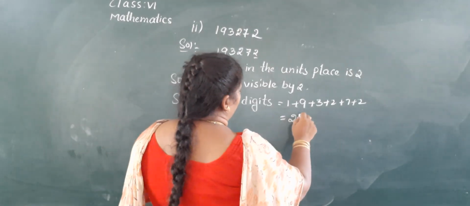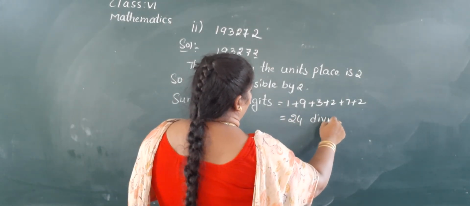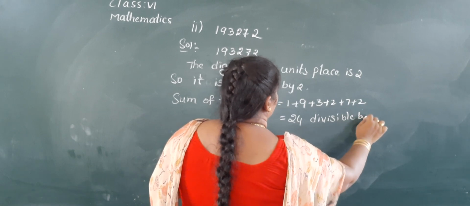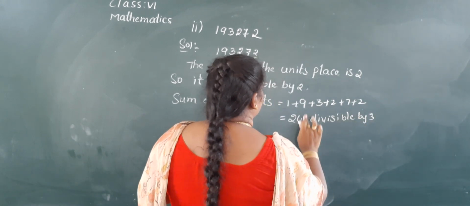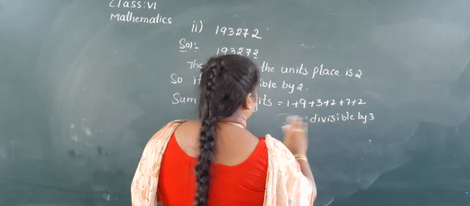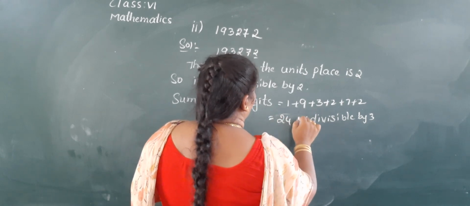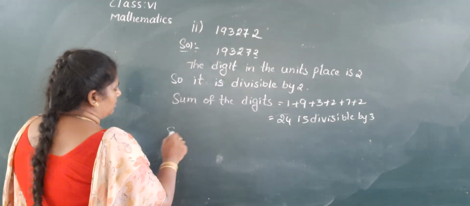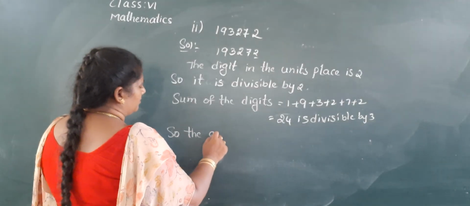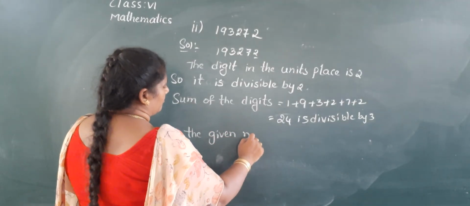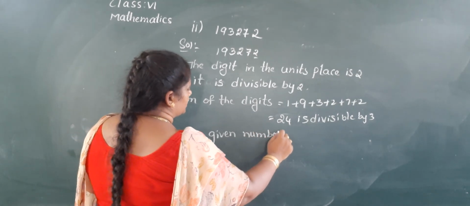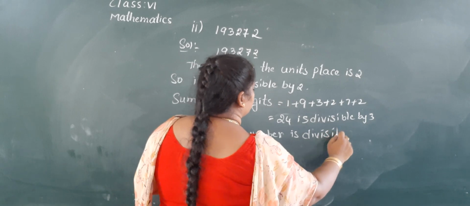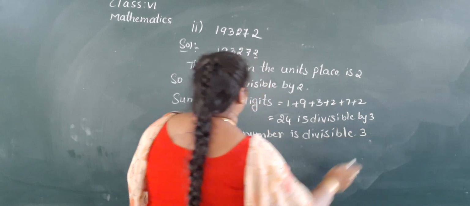So, 24 is divisible by 3. So, the given number is divisible by 3. Okay.